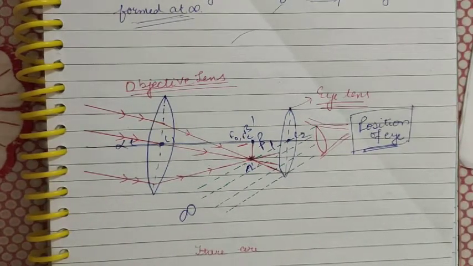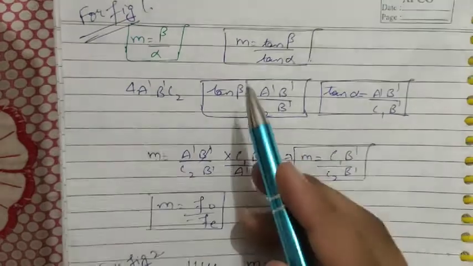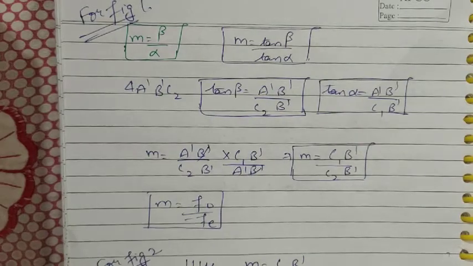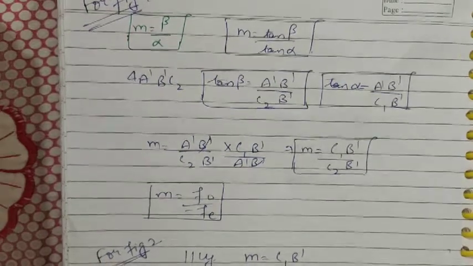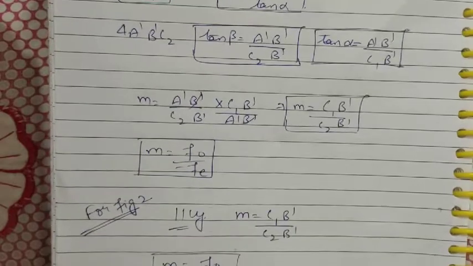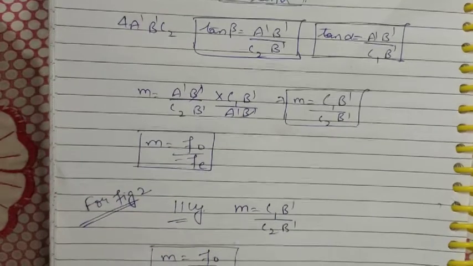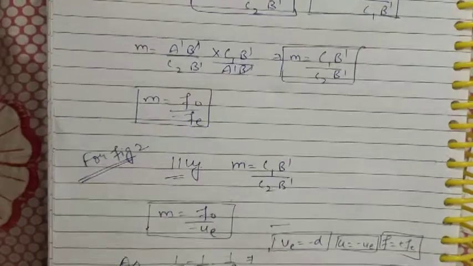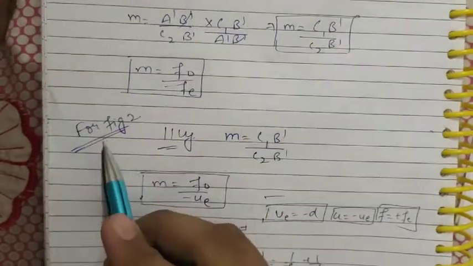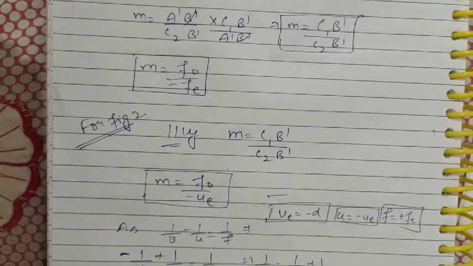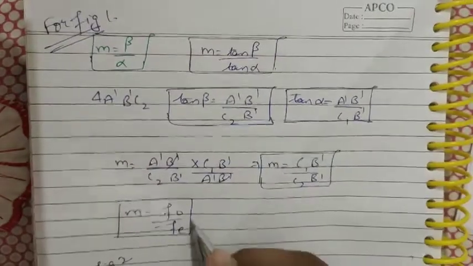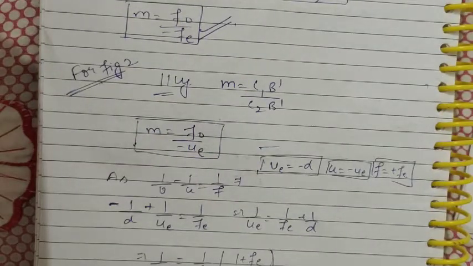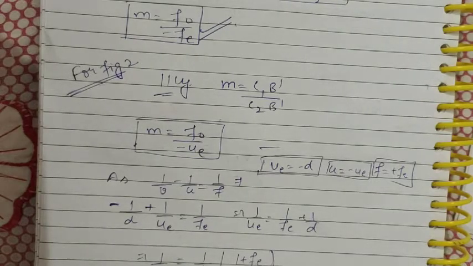तो हम डेरिवेशन करें. देखिए M is equal to beta by alpha, tan beta by tan alpha. Same सा डेरिवेशन है, एक बार आप देख लीजिए. Similar derivation. Here for figure 2, I will explain until here, it is clear. For the second figure, the image is not formed at infinity, it is formed at finite distance.